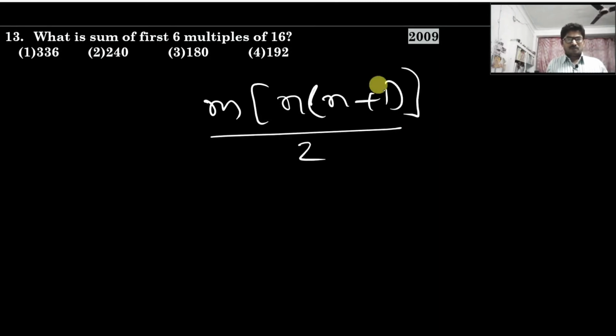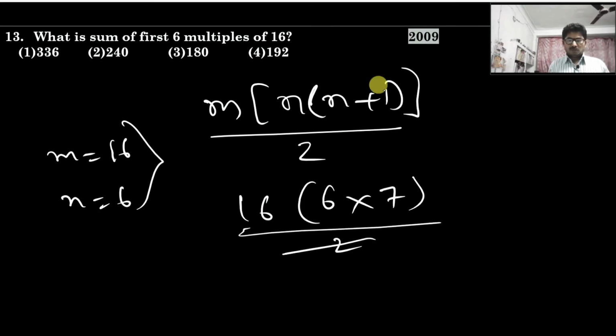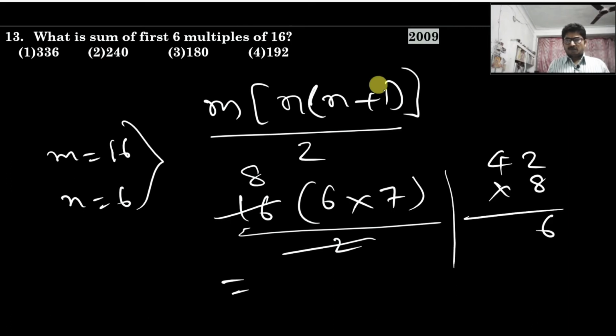Here m is 16, n is 6. 16 into 6 into 7 by 2. 2 ones are 2, 2 8s are 16. 6 sevens are 42 into 8. 8 2s are 16, 8 4s are 32, 33, 336. Option 1, 336.